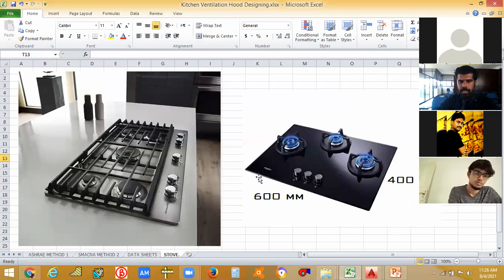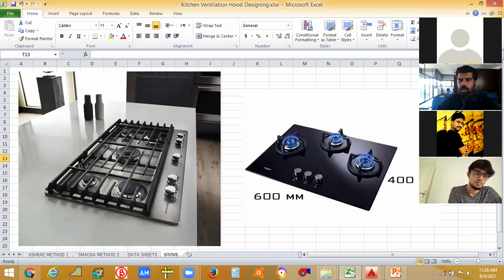The length is 600 and the width is 400 mm. This is the stove length and width. So you will be able to know the length and width of the stove automatically. If you have a stove, you can just measure it, then you will get its length and width.